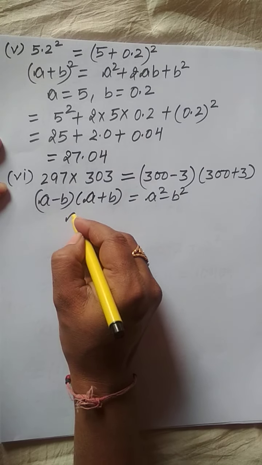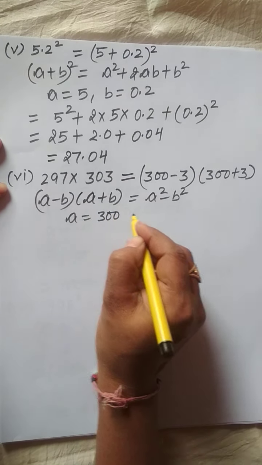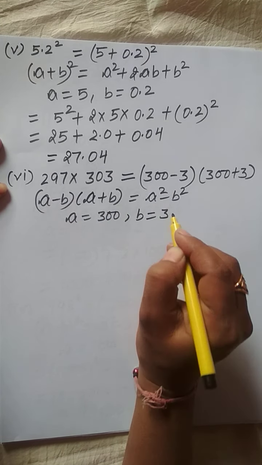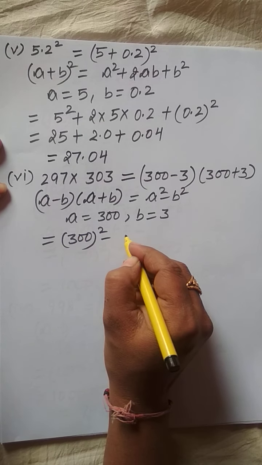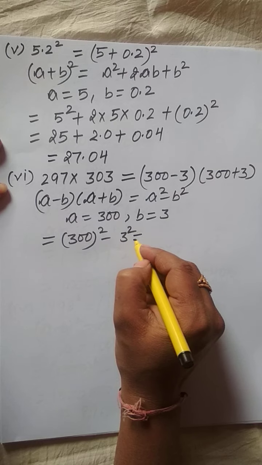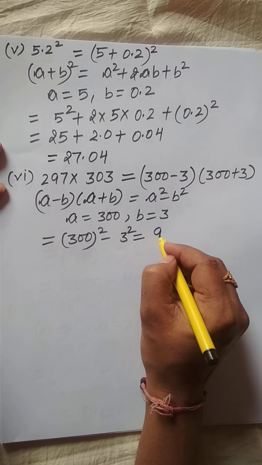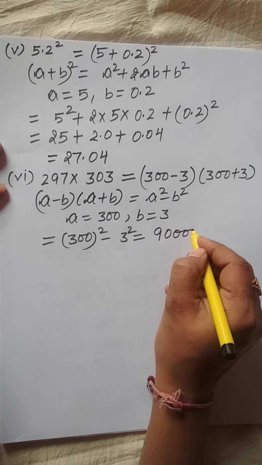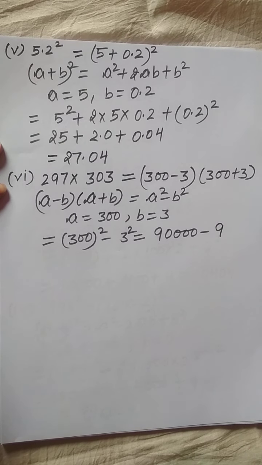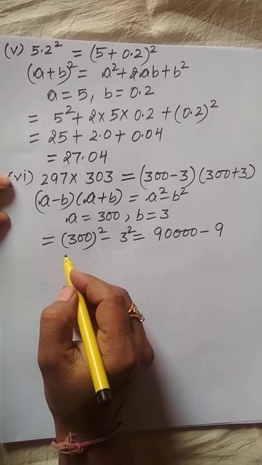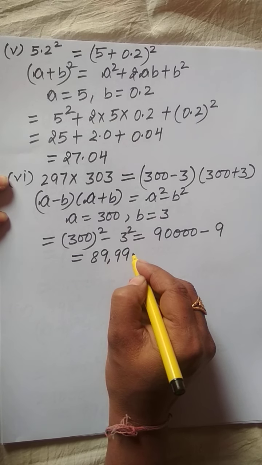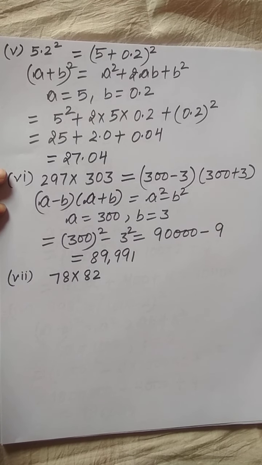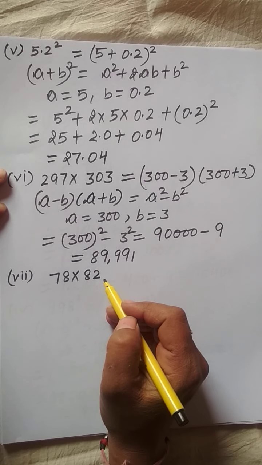Here the value of a is 300 and b is 3, which is equal to square of 300 minus square of 3. Square of 300 is 3 3's are 9, 90,000, minus 9, which is equal to 89,991.